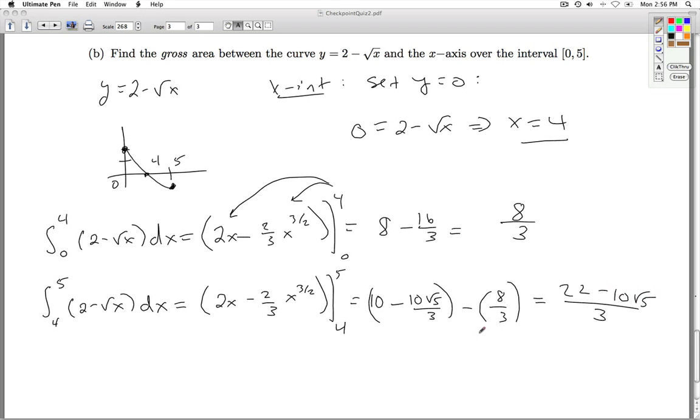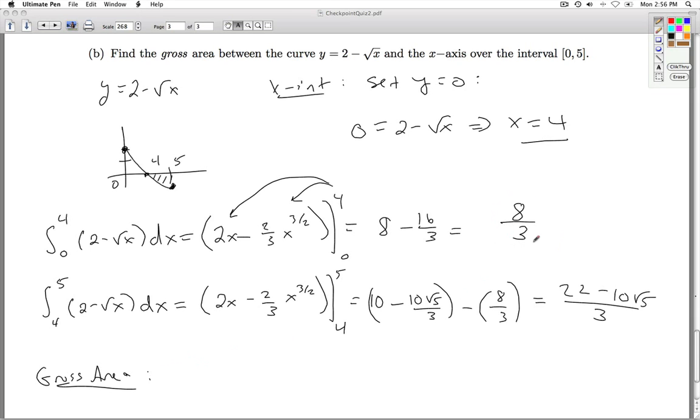And this is where we have to think a little bit, folks. Between 4 and 5, this thing is below the axis, which means this number, even though it doesn't look like it, is actually negative. So if I want the gross area, what do I need to do?